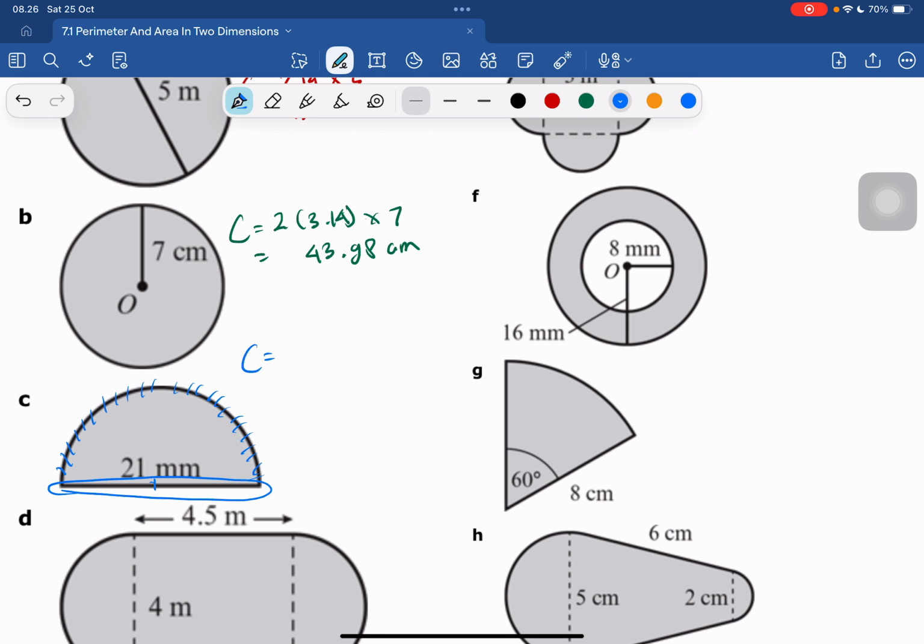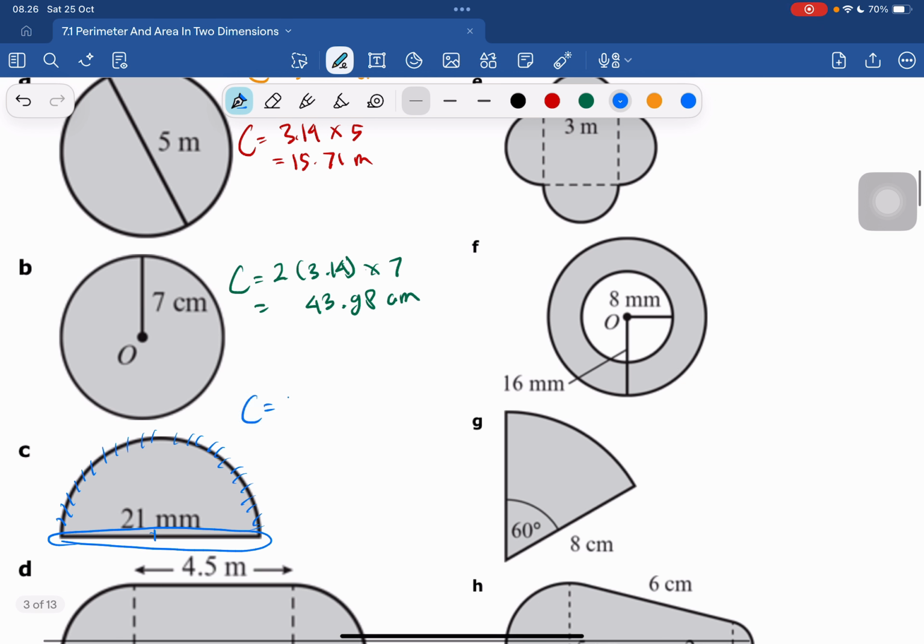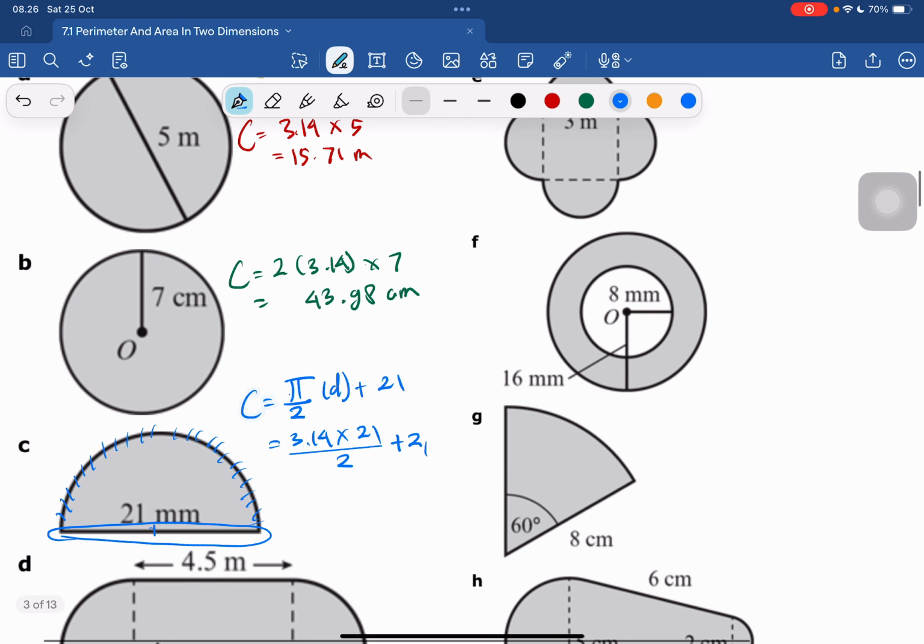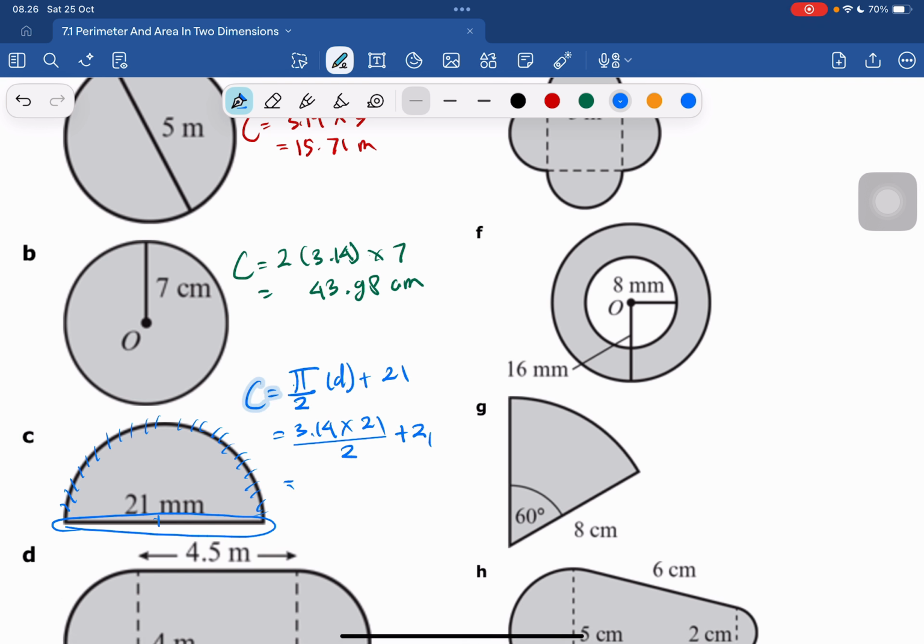So the circumference is going to be 3.14 multiplied by 21, and then we divide it again by 2 because this is a half, and then plus 21. So for the circumference or the diameter, this will give us the answer of 53.99 millimeters.